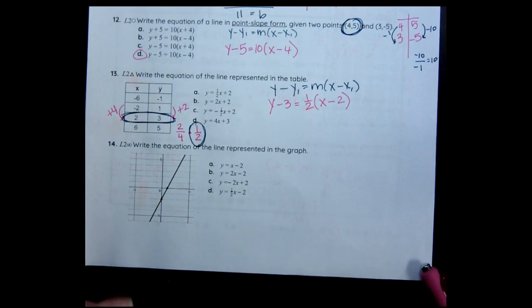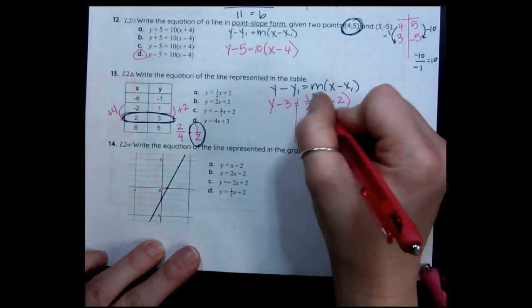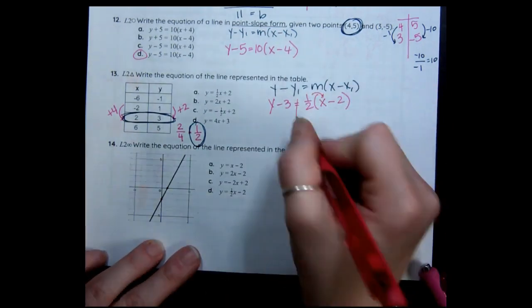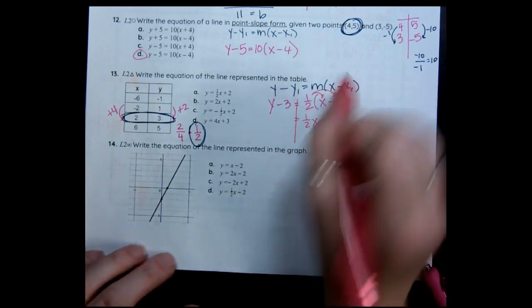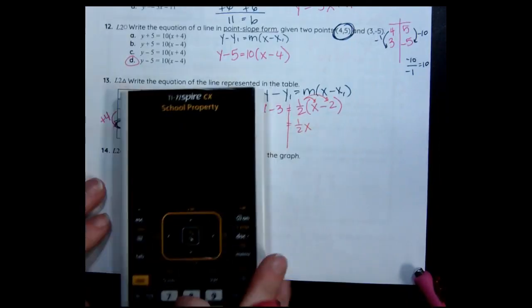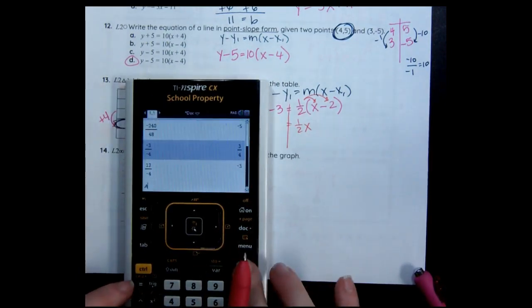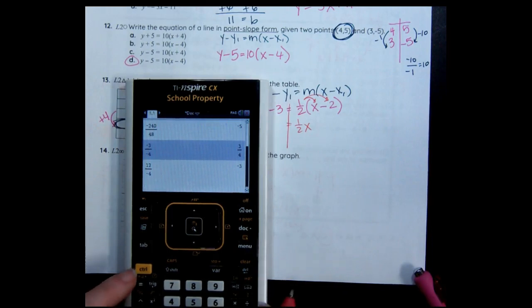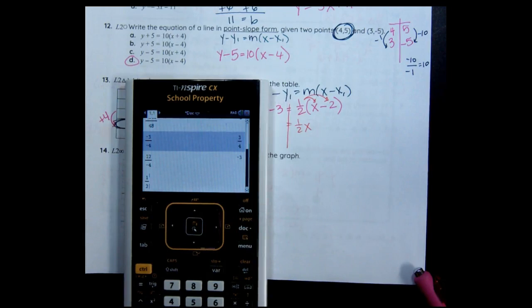So this is what I talked about earlier, and some of you might have been listening and been like, what is she talking about? This is what I mean. All right, so first I distribute. 1/2 times x is 1/2 x. 1/2 times negative 2. Some of you are like, I have no idea. Cool, that's fine. If you need a fraction, control divide. 1 over 2, so that's 1/2 times negative 2.